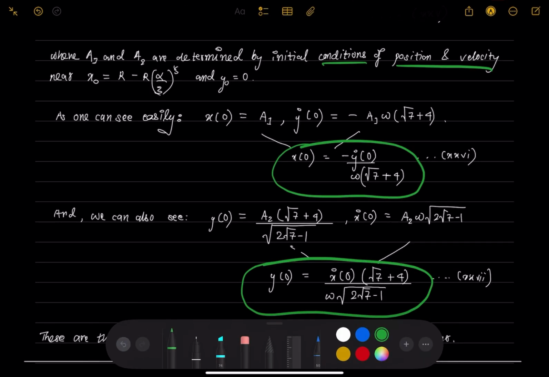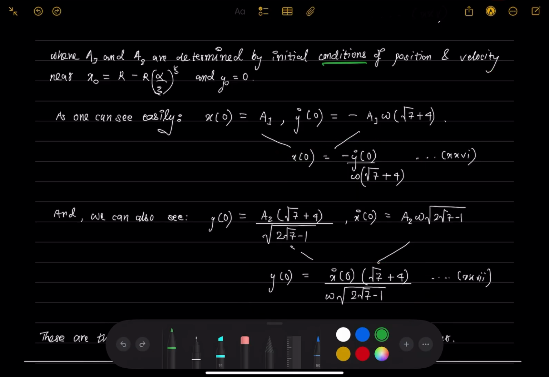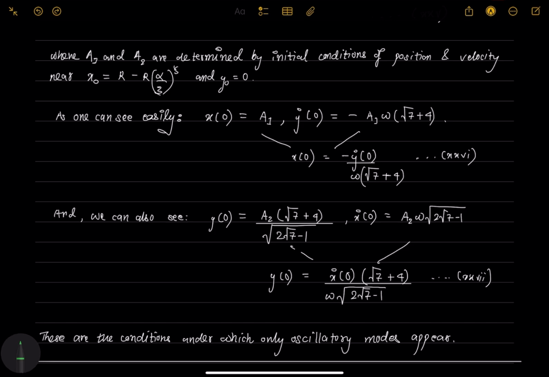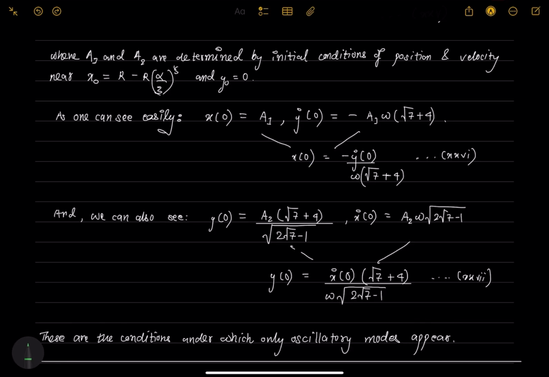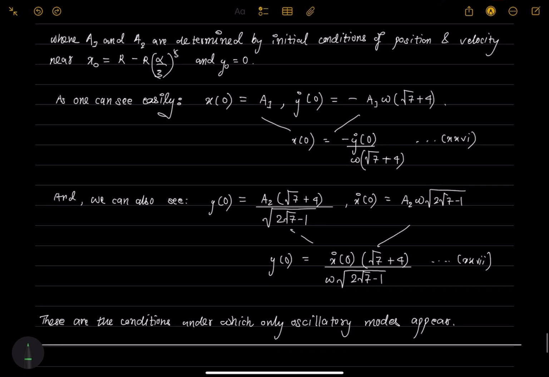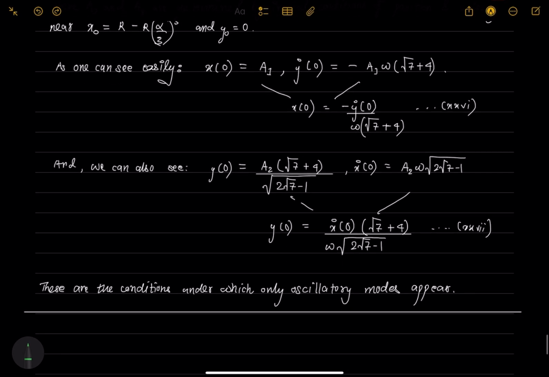So these are the constraints that are required for the relationship between the deviation in x initial and the initial velocity in y, and the relationship between the deviation in y initial and the initial velocity in x. Under these two particular constraints, the solution will be oscillatory, and these are also the constraints that you're looking for, which the fourth part of the problem statement asks.